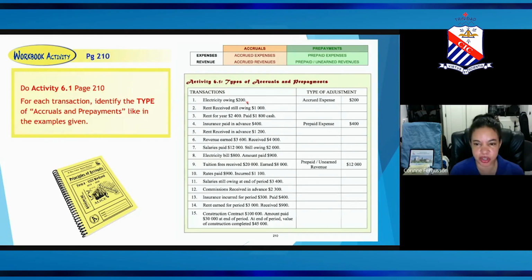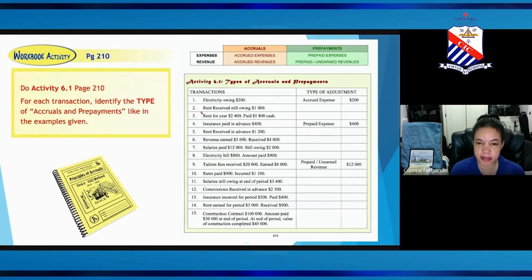They didn't give you the two figures in this case. They told you it's owing. Once you see owing, you know, therefore, that it is an accrual. Electricity is what? Is it revenue or is it expense? It's an expense. So that means that the 200 which they gave you is an accrued expense. And how much is the accrual? 200.